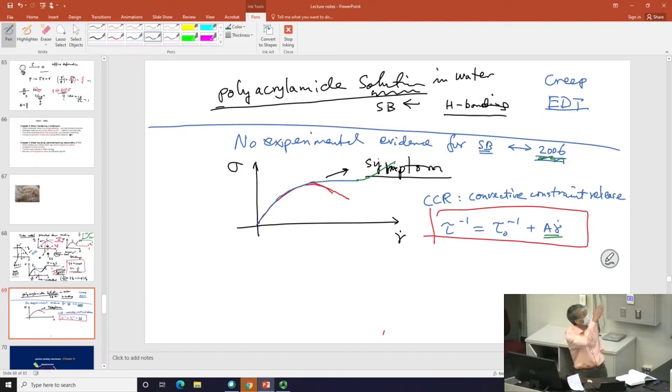This stress dropping with shear rate, which implies instability, will not occur. Any questions?